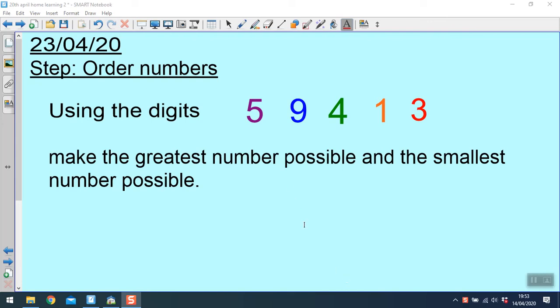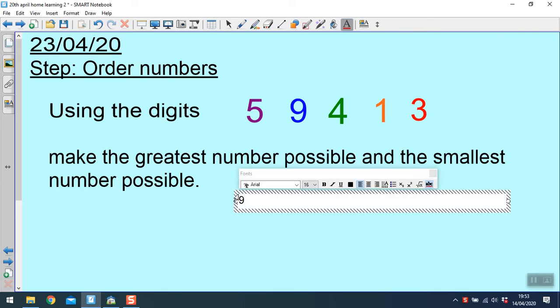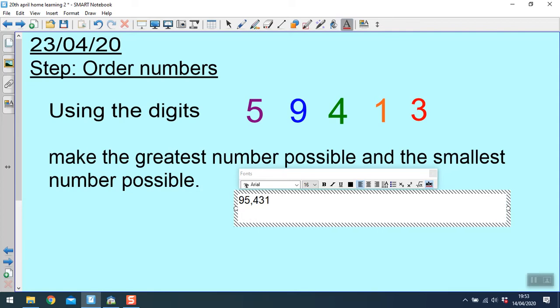Okay, so to make the biggest possible number, I'm going to need to use the biggest digit at the beginning. So I've got 9 tens of thousands, and then I need to have 5 thousands, 4 hundreds, 3 tens, and 1 one.